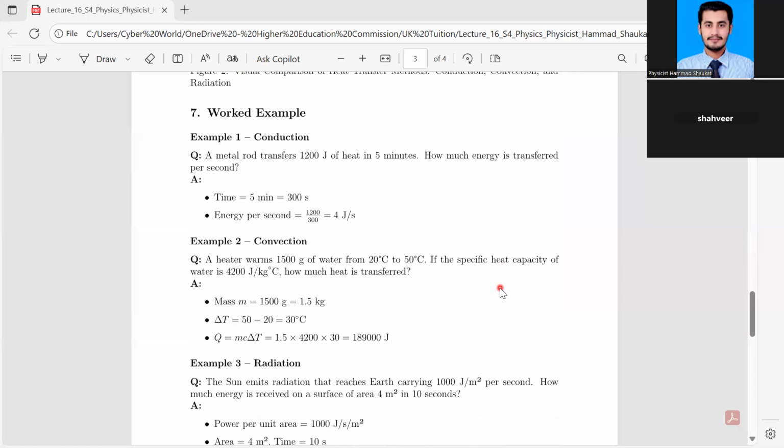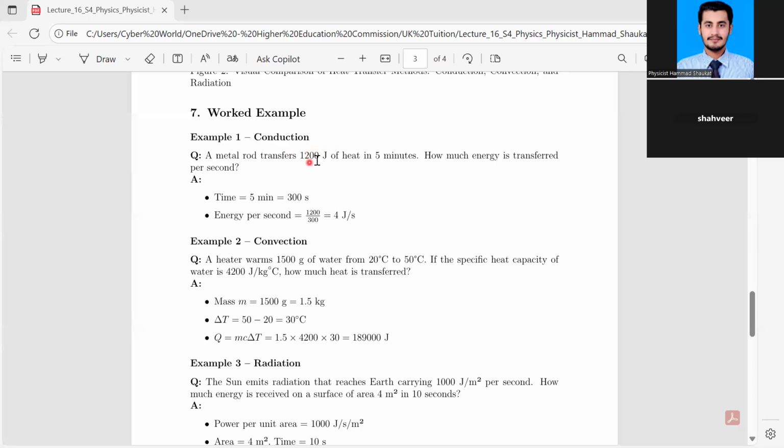The first one is for the case of conduction. A metal rod transfers 1200 joules of heat in 5 minutes. So what is this? Energy. Yes, energy. And which type of energy, either heat energy or something else?